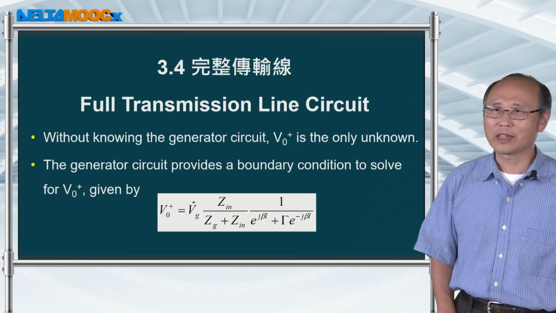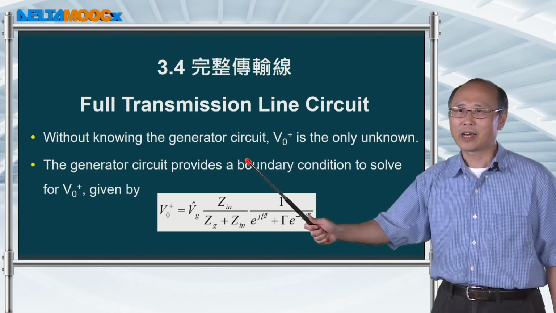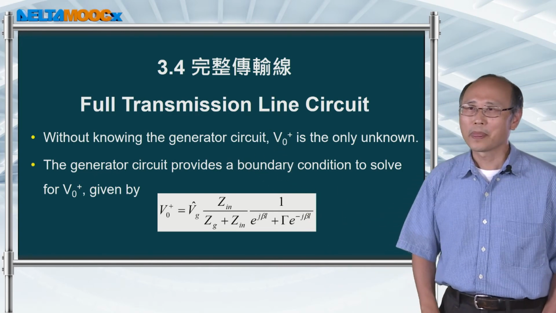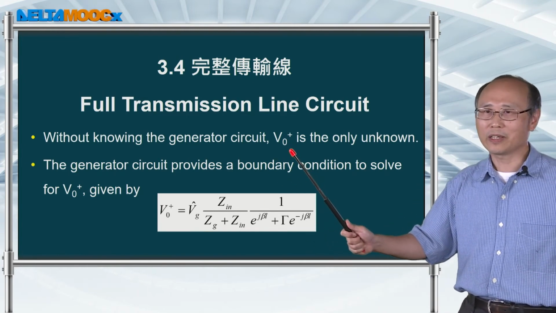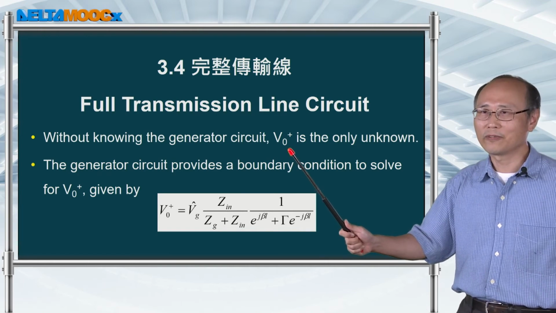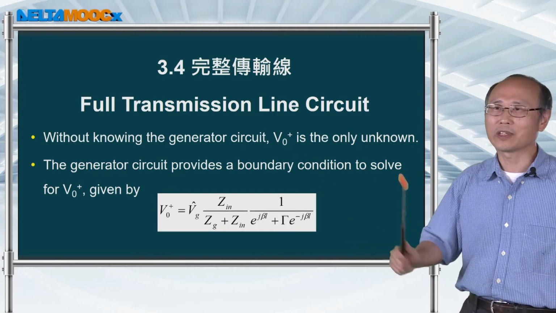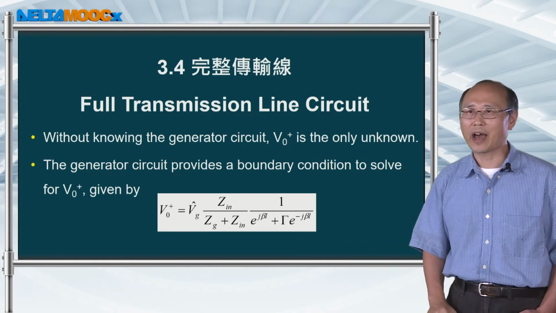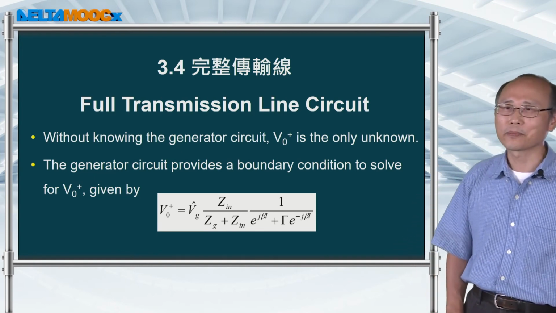In the final section of this lecture, I told you that the whole purpose of putting in the generator circuit is to figure out the forward voltage. Once you figure out the forward voltage, then you have all the other values for the voltage and current on the transmission line.